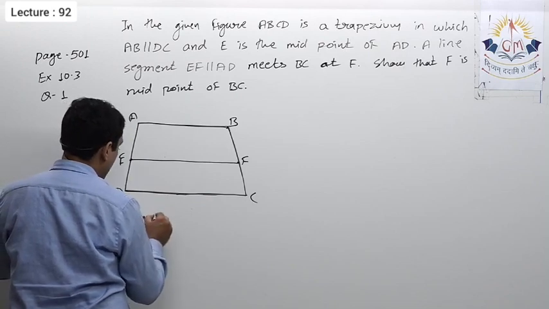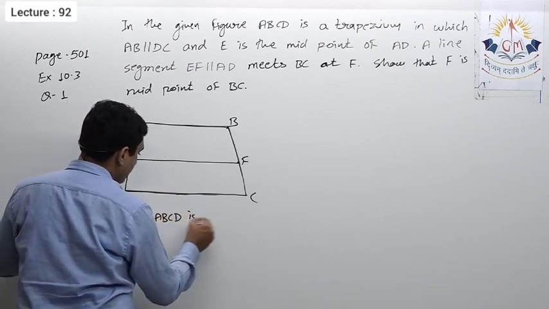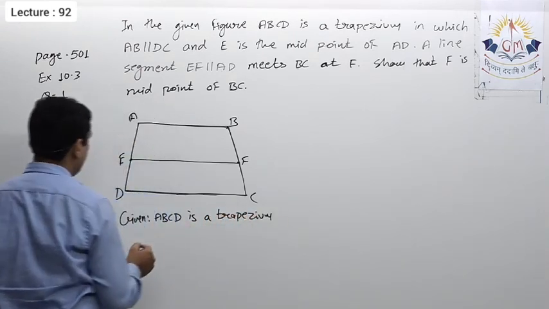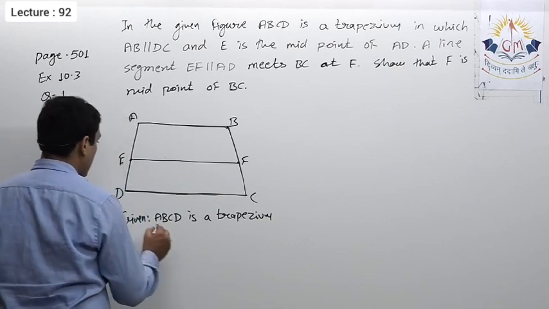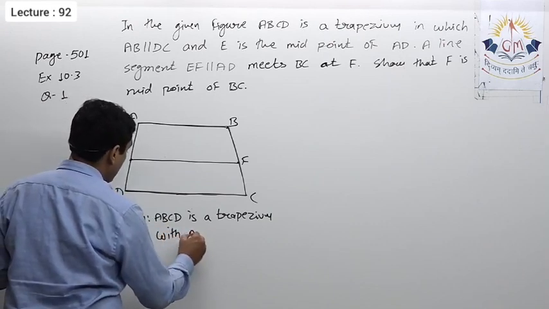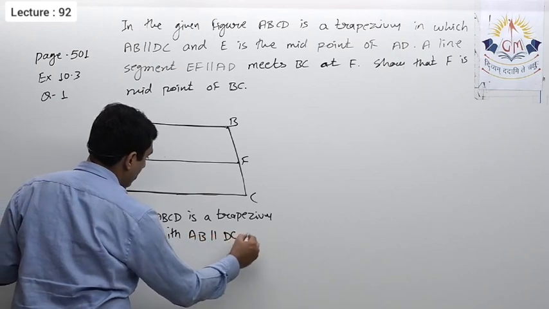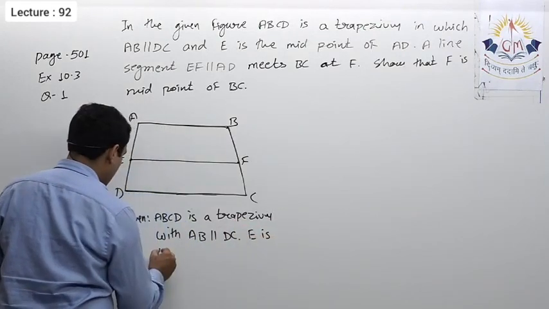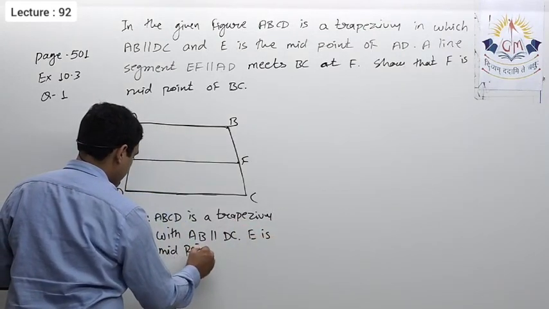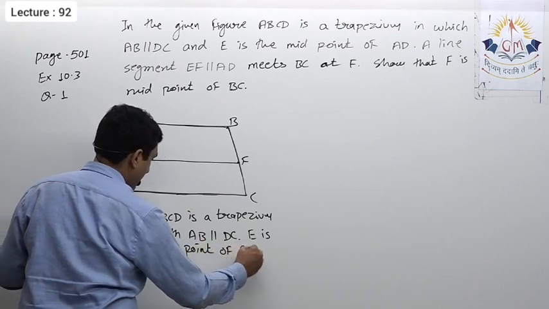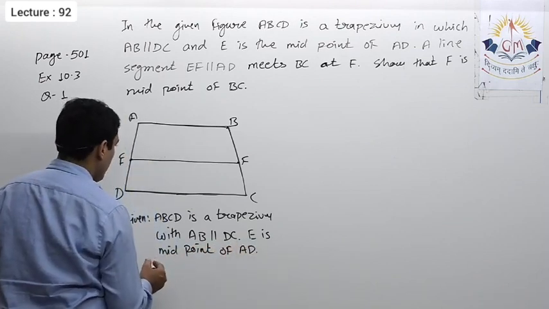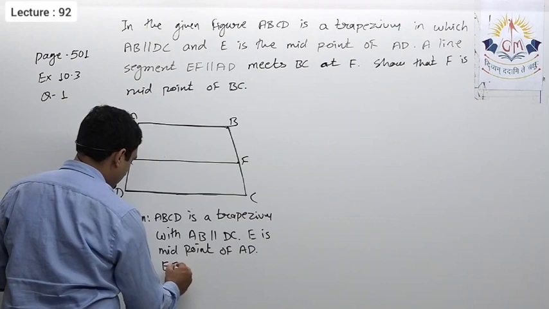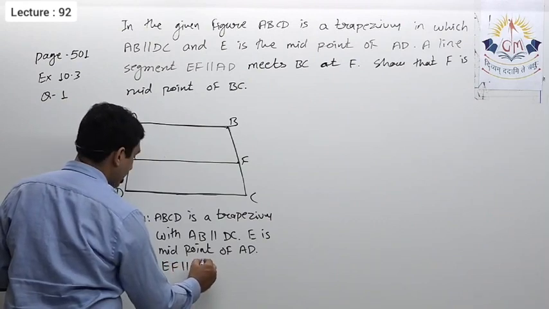Given, ABCD is a trapezium with AB parallel DC, E is midpoint of AD, EF parallel AB.